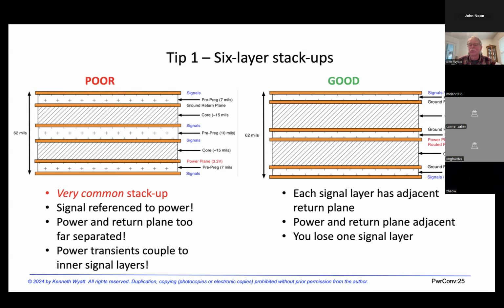So that's one way around that. The idea is we want a solid return plane for every signal layer. So you could go signal, return plane, signal, which, if you do that throughout your stack up, would work too.